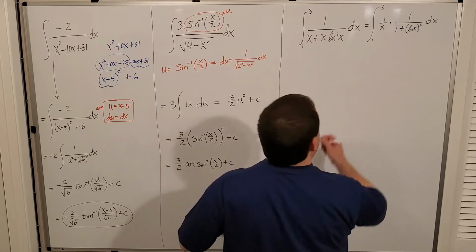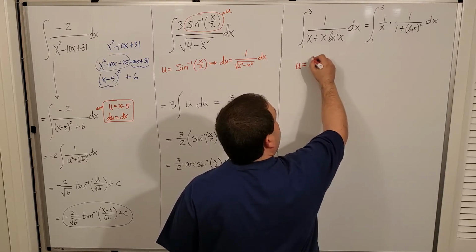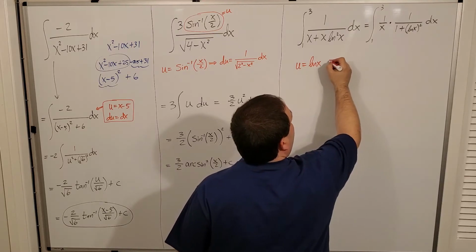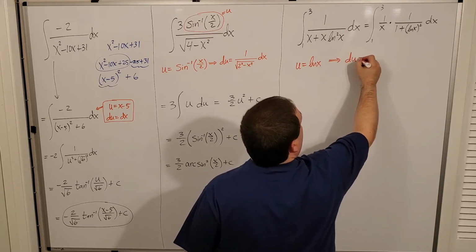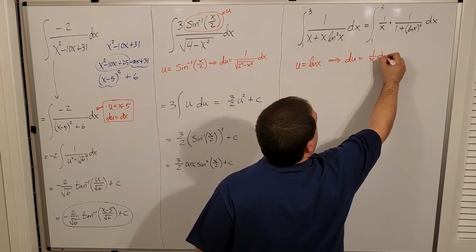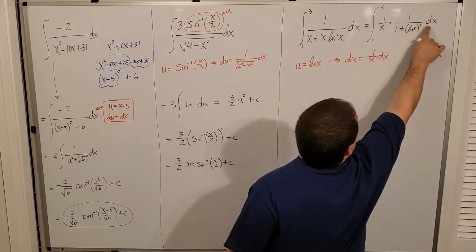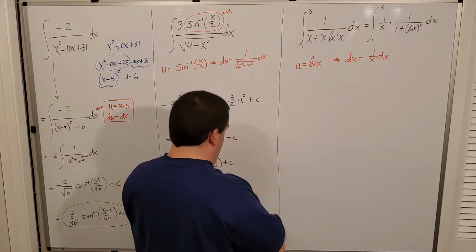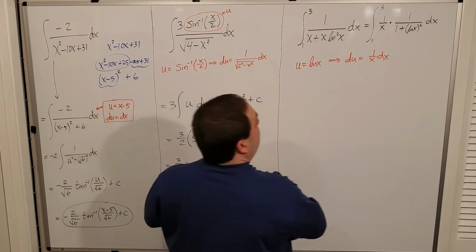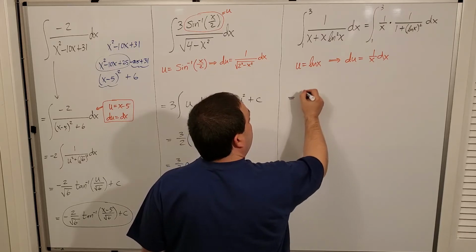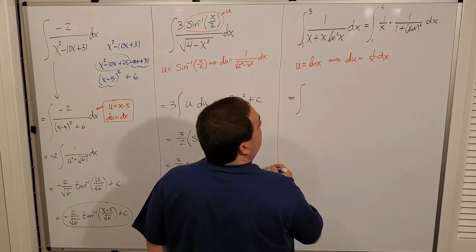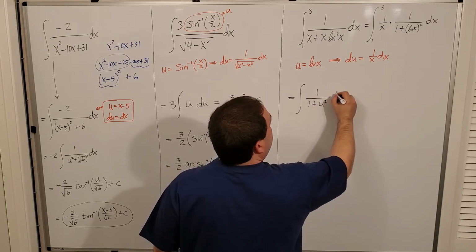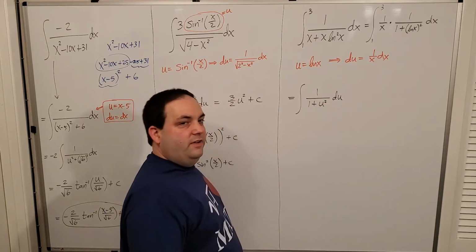So I'm just going to do a substitution, right? Let's let u equal ln x, the inside piece. Therefore, du would be equal to 1 over x dx, which I have already. All right, so then this is going to be equal to the integral of 1 over 1 plus u squared du, which is a perfect arctangent.